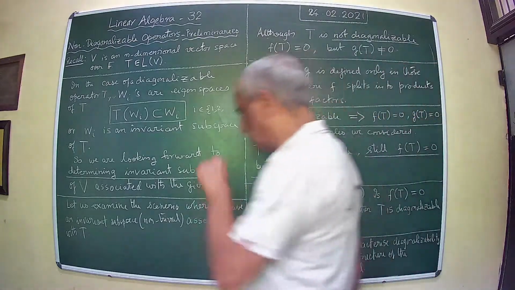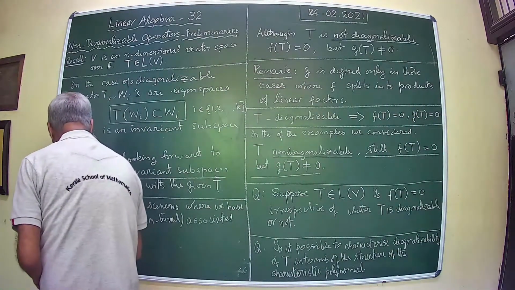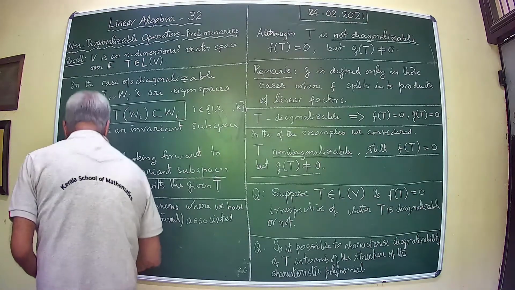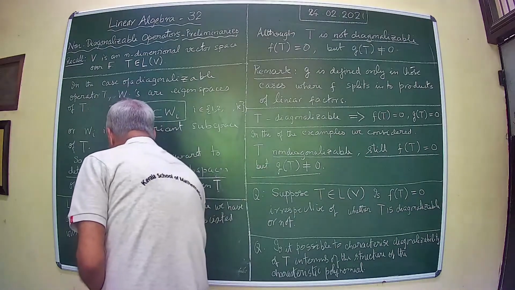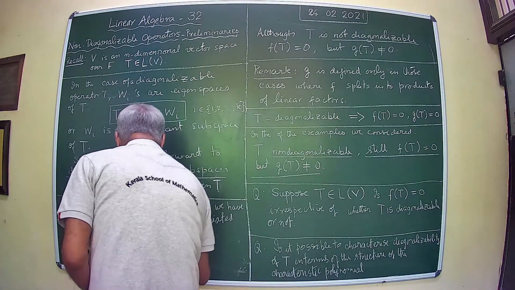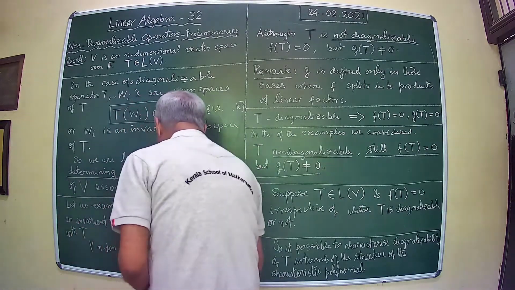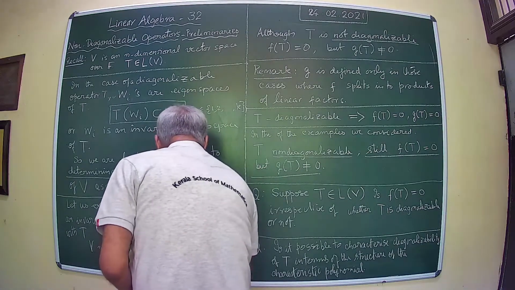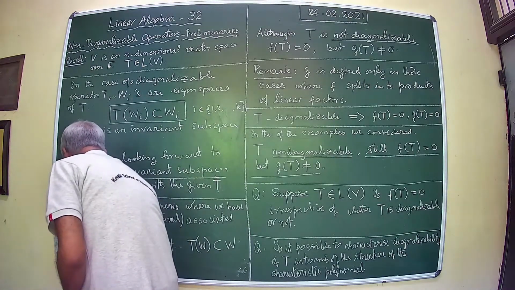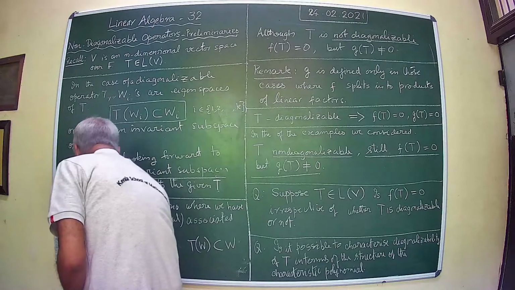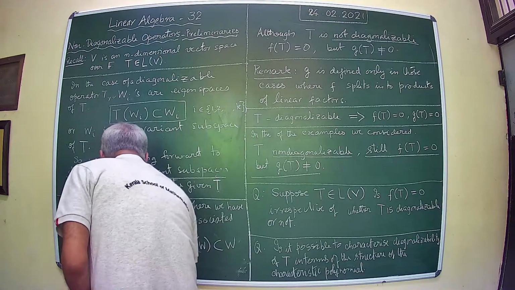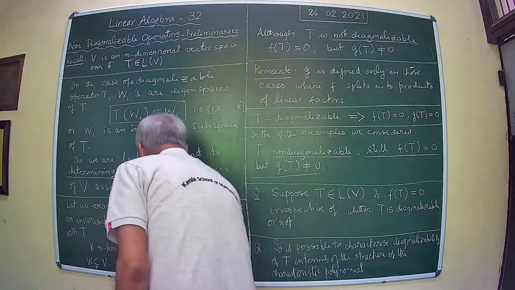So let us take V to be n-dimensional. That's the assumption. Let W be such that T of W is contained in W, where W is a proper subspace of V. Assume the dimension of W equals K, where of course K is strictly less than n.